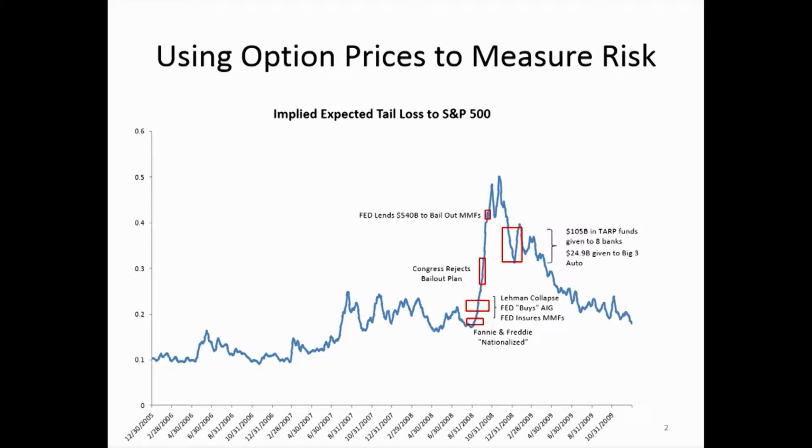So obviously, put options that are out of the money protect you for the downside, but at extreme movements. So for example, if the index were 100 and the exercise price of the option were below 80, then you're not protected for the first 20 down, but you're protected afterwards.